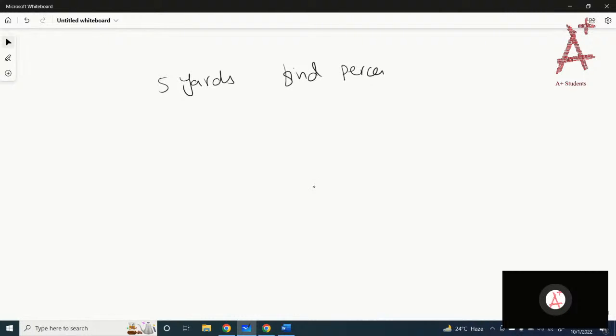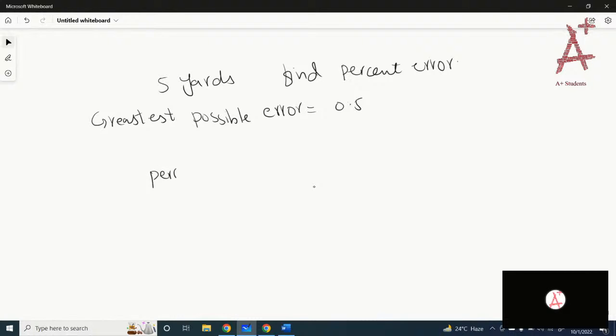So for the percent error, what you have to do, you have to find the greatest possible error first. So the greatest possible error for the whole numbers is always, yes, it is always 0.5. So for the percent error, you have to divide the greatest possible error by the measurement.